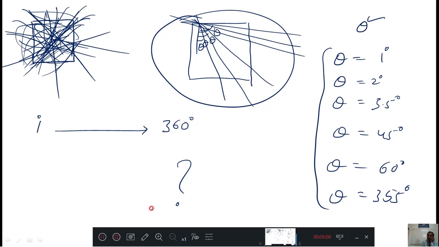Did you understand? If you are okay with this, every plane will have an infinite number of planes that it can have.